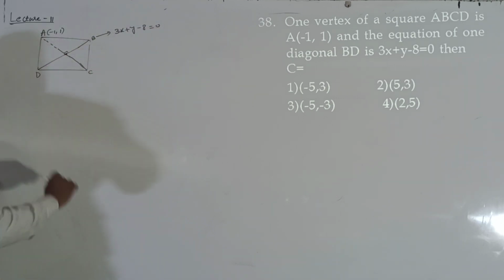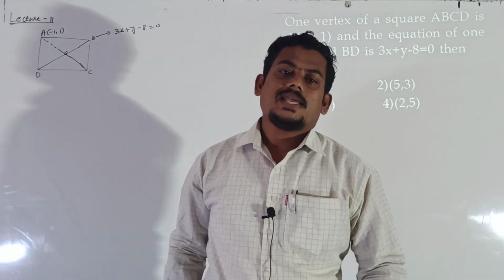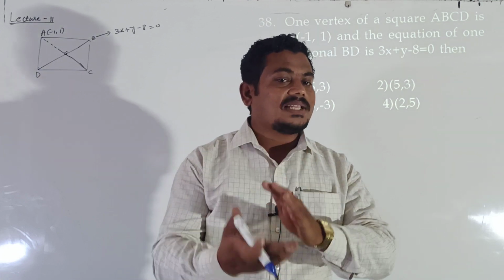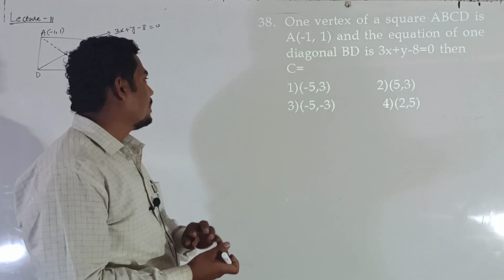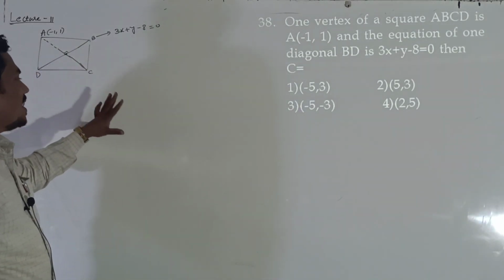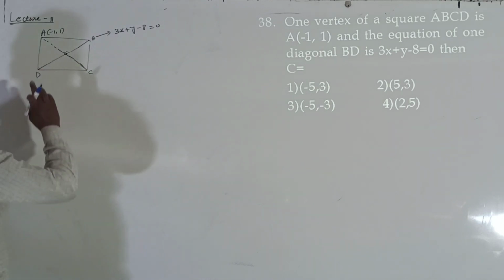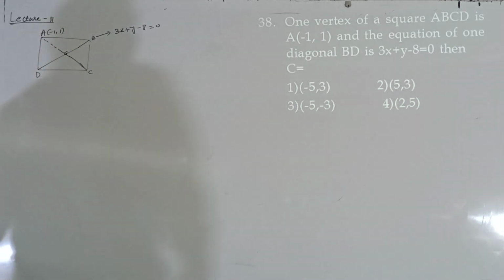Diagonals intersect at midpoint and diagonals are perpendicular to each other. In a square, diagonals intersect at midpoint, it is one thing, and diagonals intersect perpendicularly, means diagonals are perpendicular to each other. In a square, diagonals are perpendicular. Then can you find the equation of AC?